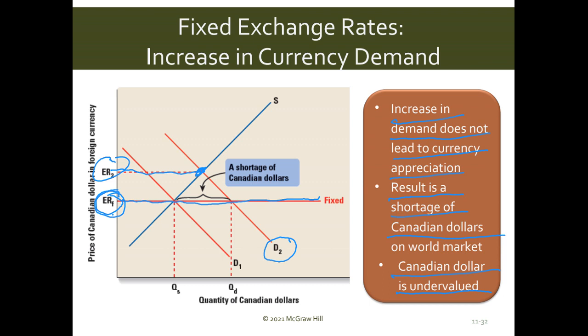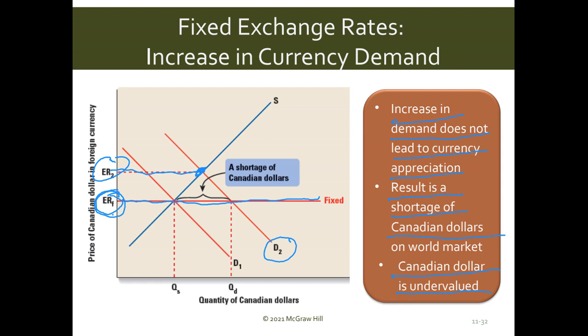Now, how do central banks, or the Bank of Canada, actually control this? How do central banks basically control this fixed exchange rate? So this is the procedure. Now let me erase this and then I'll tell you.